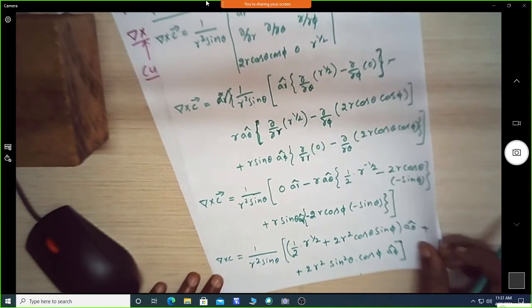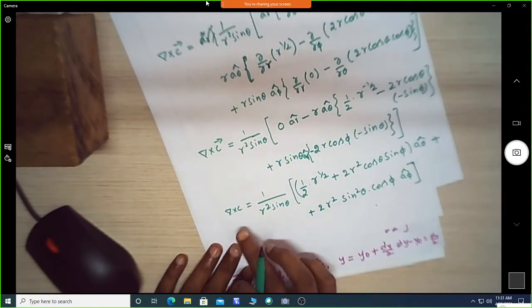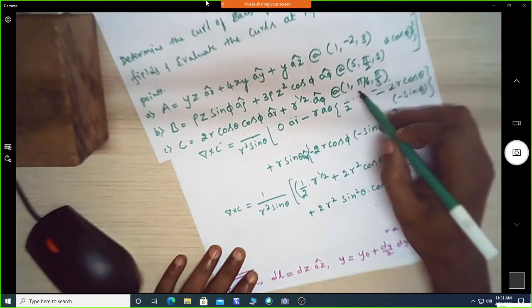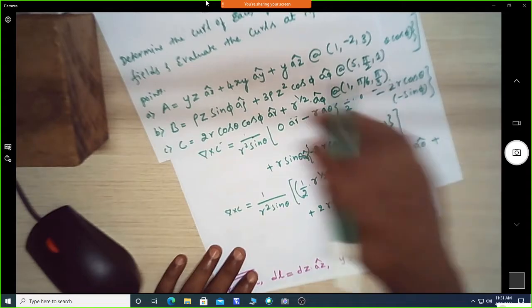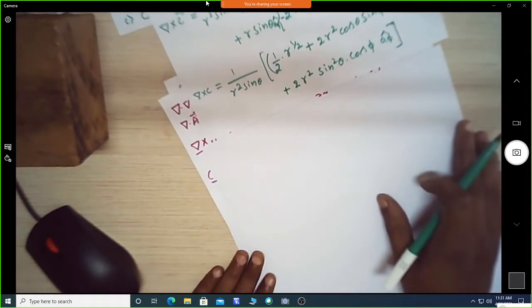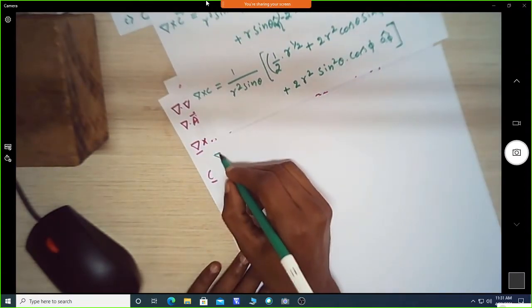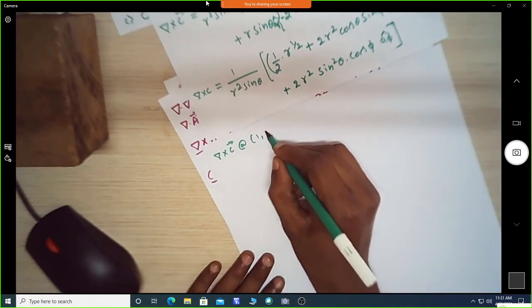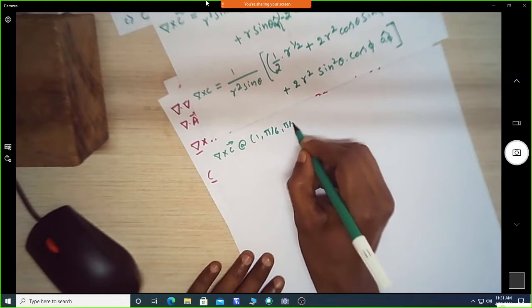So now you evaluate this one at the point which is given, 1 comma pi by 6 comma pi by 3. So del cross C we need to evaluate at the point 1 comma pi by 6 comma pi by 3.